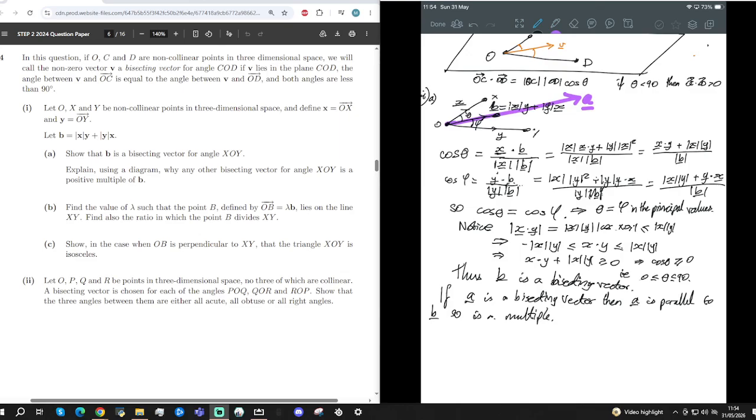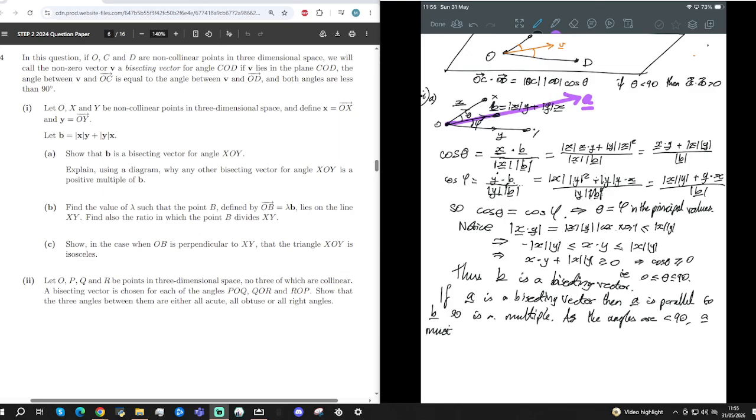Now it also has to be a positive multiple. Well, if it was a negative multiple, it would be pointing the other way, and we break the less than 90 condition. As the angles are less than 90, A must.